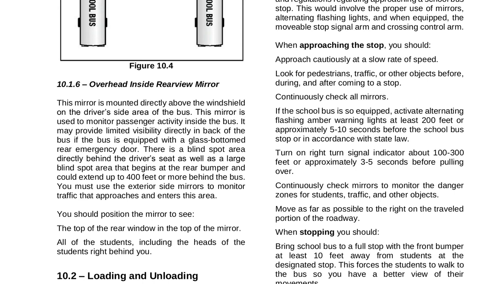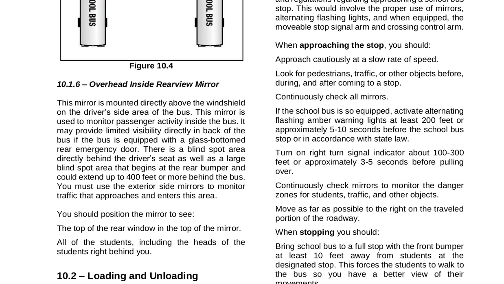When approaching the stop, you should approach cautiously at a slow rate of speed. Look for pedestrians, traffic, or other objects before, during, and after coming to a stop. Continuously check all mirrors.